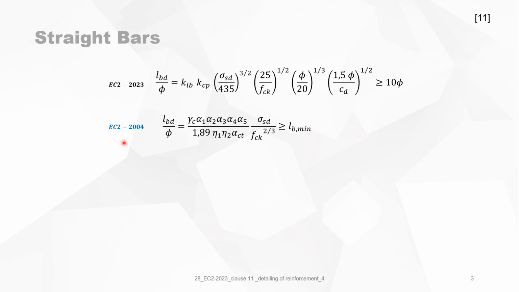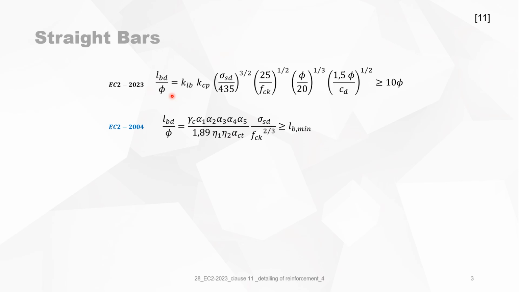Comparing this with the formula for anchorage length in version 2004, we arrive at this formula. Looking at those two equations, it is obvious that the new formula is easier in application than the existing formula.